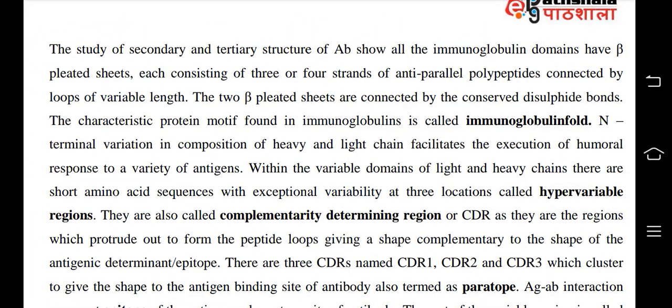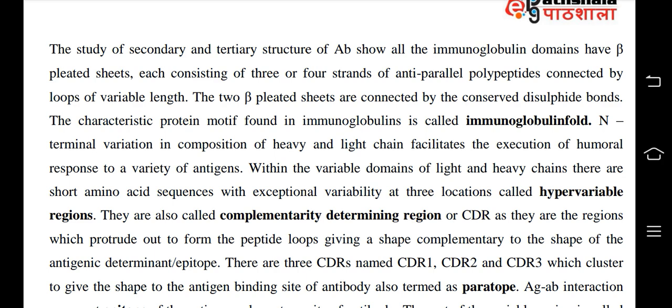The study of secondary and tertiary structure of antibodies shows all the immunoglobulin domains have beta-pleated sheets, each consisting of 3 or 4 strands of antiparallel polypeptides connected by loops of variable length.